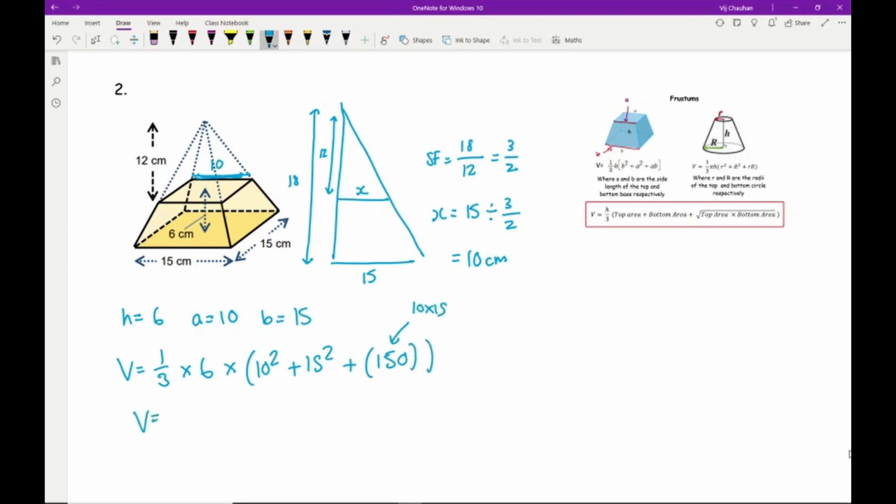If I type that all into my calculator, I get a third times 6 times bracket 100 plus 15 squared, which is 225, plus 150, close bracket, I get 950. And again, don't forget the units of centimetre cubed.